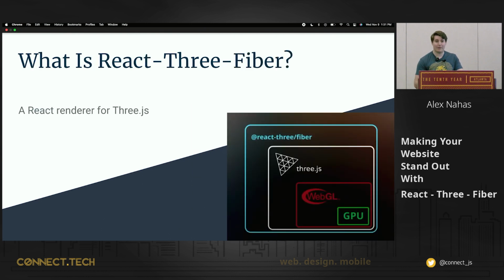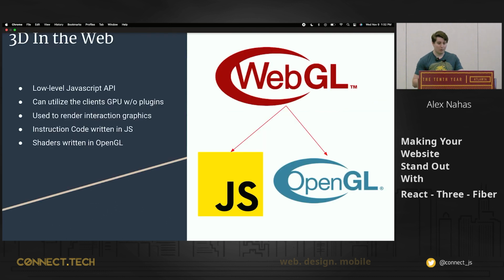Like I said before, React Three Fiber is just a wrapper around 3JS. WebGL is actually the low-level JavaScript API that is used for this 3D animation. That's composed of two things. One of them being JavaScript, which is like the assembly language which you use for instruction code. And then you've got OpenGL, which is your C-like low-level shader language, which is doing ray tracing and things like that.